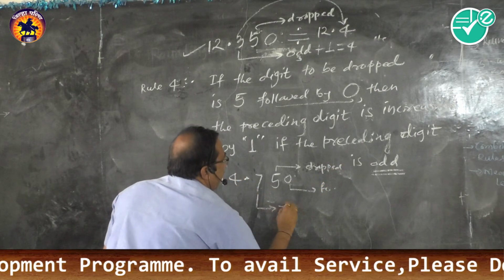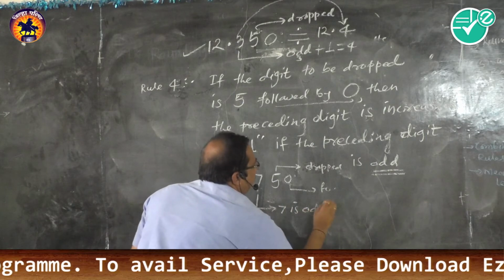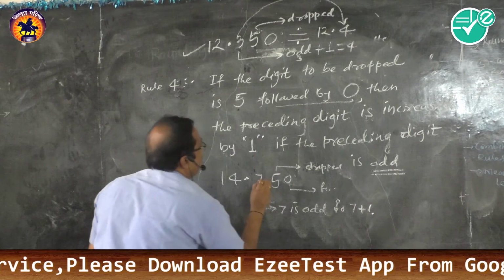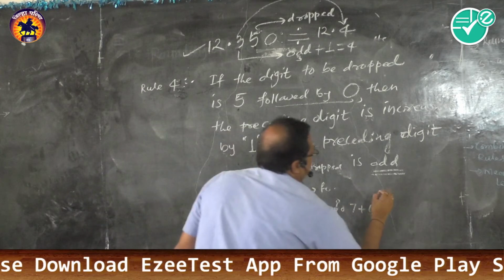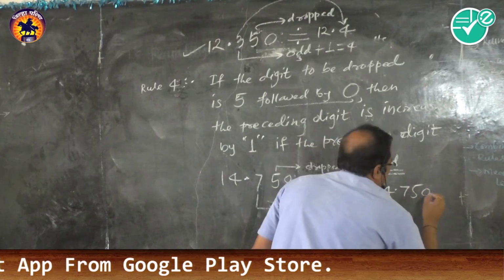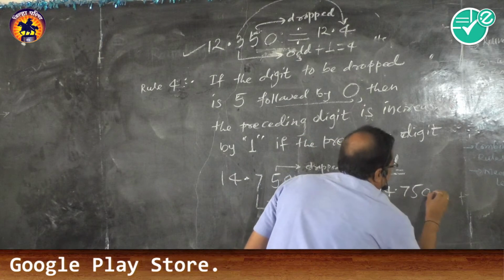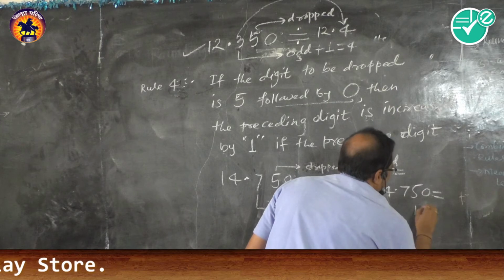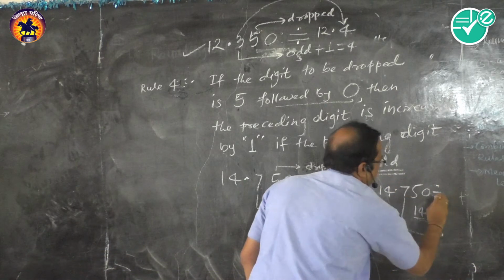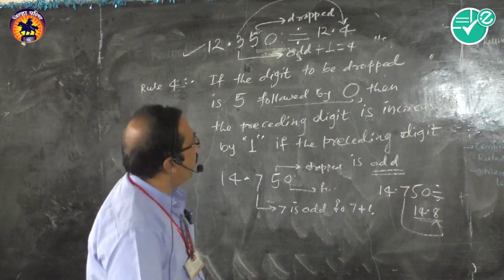So this 7 is odd, therefore 7 plus 1. So this becomes 8. So 14.750 can be written as 14.8 only. So this 7 becomes 8. Isn't it? So this is rule number 4.